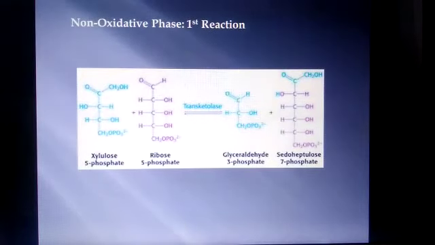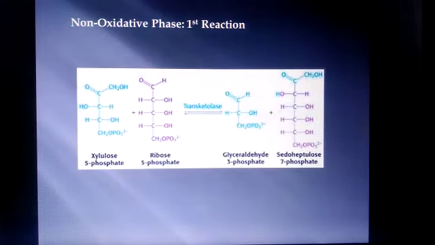However, many cells need NADPH for reductive biosynthesis much more than ribose 5-phosphate for incorporation into nucleotides and nucleic acids. In these cases, ribose 5-phosphate is converted into glyceraldehyde 3-phosphate and fructose 6-phosphate by transketolase and transaldolase enzymes.